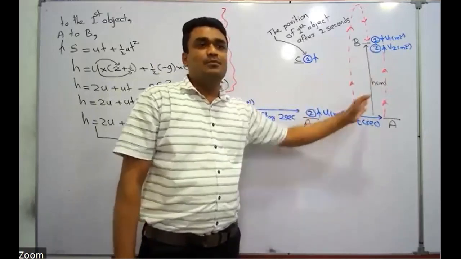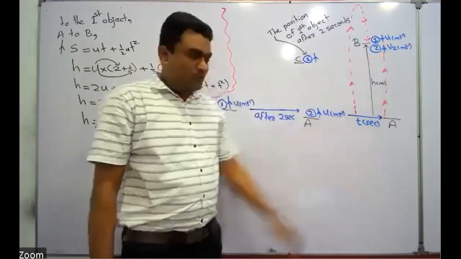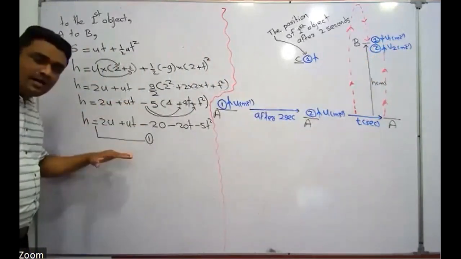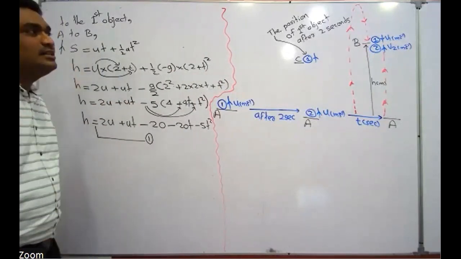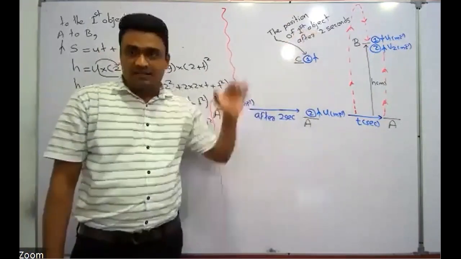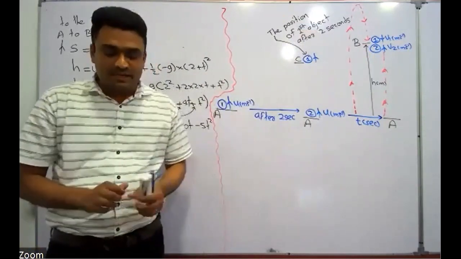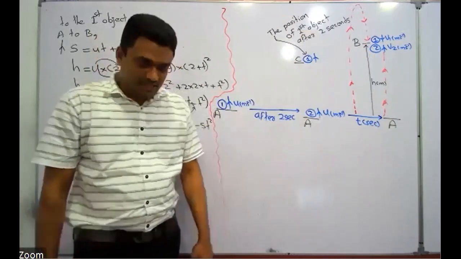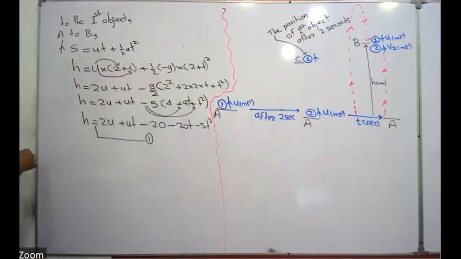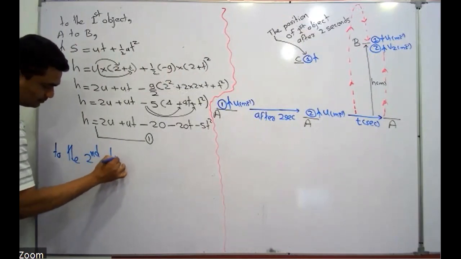It means the second object has traveled only for a period of t seconds. So leave a line below this and write the statement: the time taken for the second object to reach the point B equals simply t seconds.